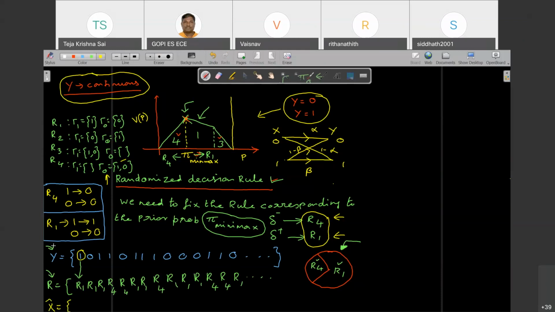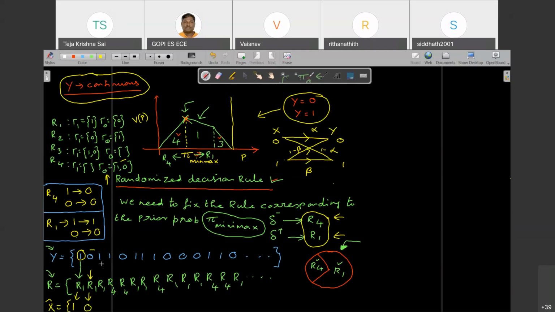As far as rule 1 is concerned, if you receive 1, you will get 1 only. So the first one is 1 here. Now the second one is also rule 1. In case of rule 1, when you receive 0, you have to declare that as 0 only. So the second one is 0 only.